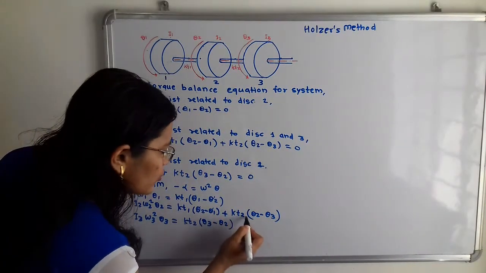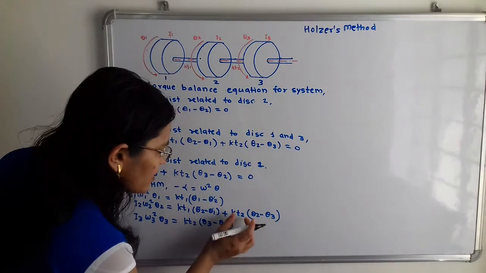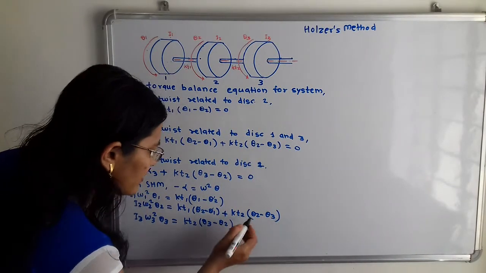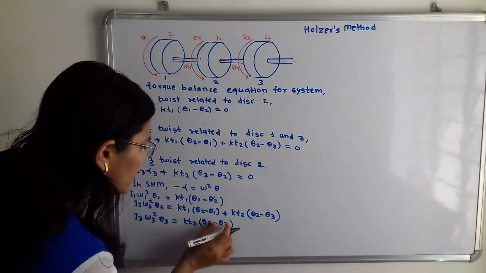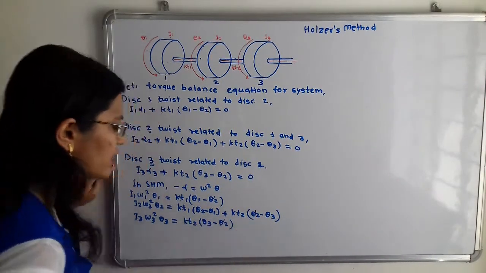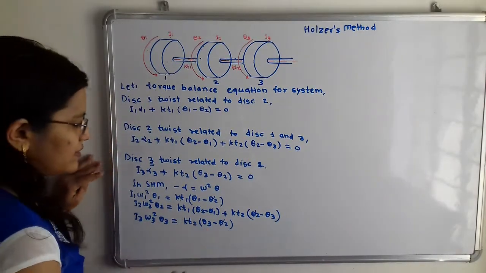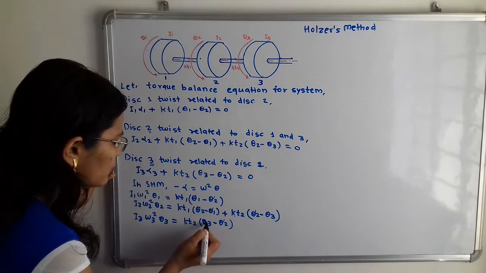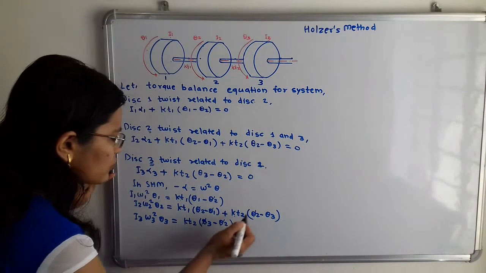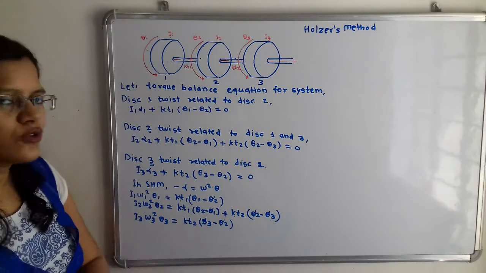Now kt2 theta2 has a plus sign here, and kt2 theta2 has a minus sign here, so when we multiply inside, this theta2 is also getting cancelled. Now kt2 theta3 has a minus sign here and a plus sign here, so this theta3 is also getting cancelled.